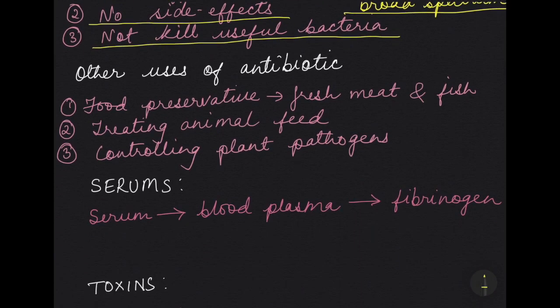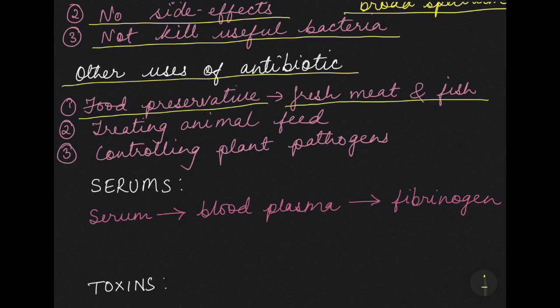Okay, now there are other uses of antibiotics as well. First is it is used as a food preservative, especially for fresh meat and fish. You know that food, especially fresh meat and fish, is spoilt by bacteria. So if antibiotic is there, the bacteria will not grow, and so fresh meat and fish will be preserved.